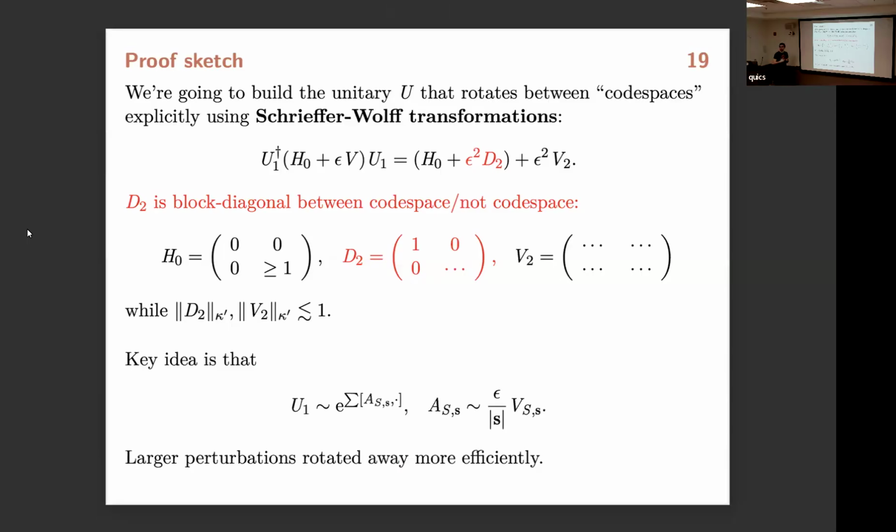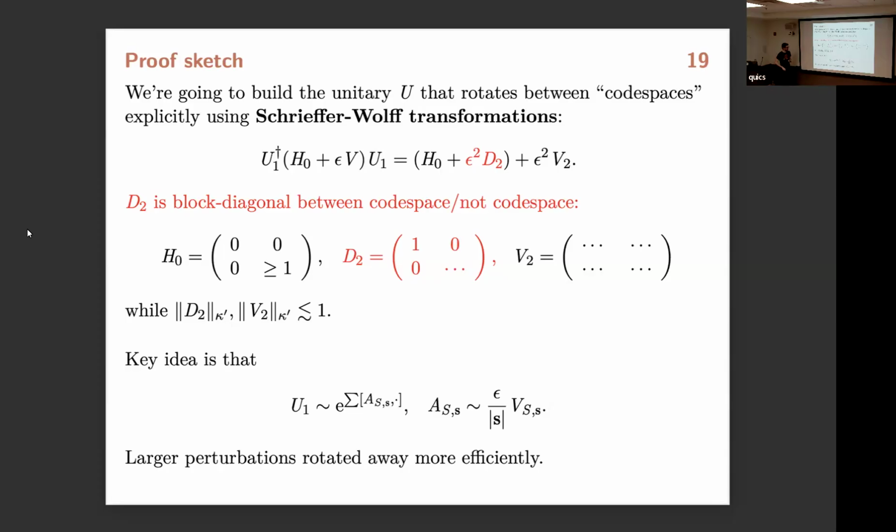And the key idea is that we can do this because the Hamiltonian H naught is exactly solvable. Okay? So basically, if we look at the form of this perturbation V, we can just explicitly write down U. It should be generated by some kind of Hamiltonian A, and A looks kind of like V, but the larger the syndrome of the error that V causes, the smaller the rotation we need to apply.